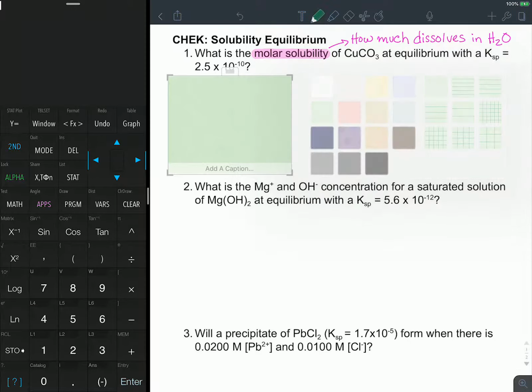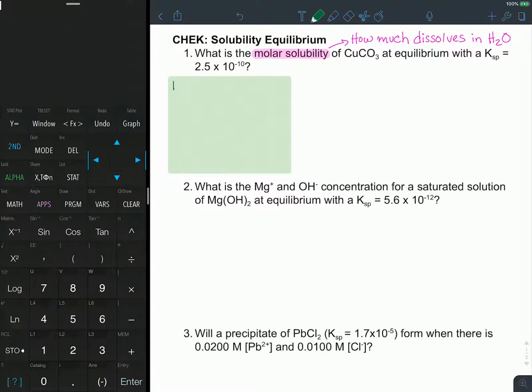We know that the KSP value or expression only includes the ions, so no solid. That's the first thing we want to take a look at.